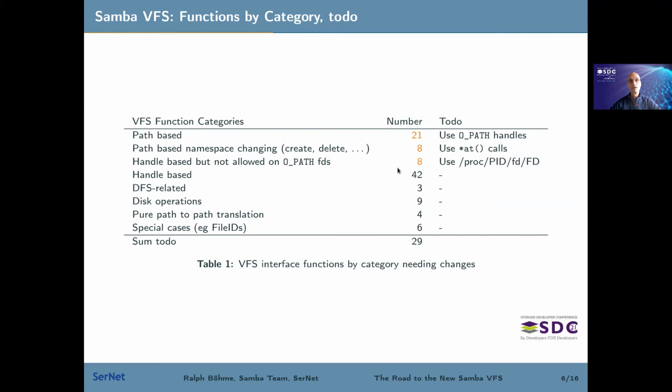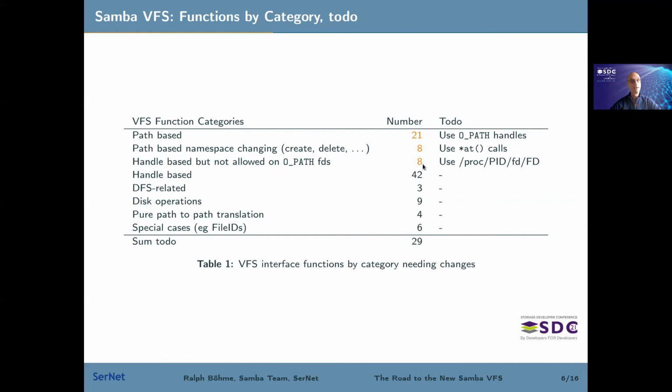It turns out that there are different technical solutions for converting those path-based functions to handle-based ones. In total, there are 21 different path-based functions, 8 different path-based namespace-changing functions, and 8 handle-based functions not allowed on O_PATH file descriptors, which we'll come back to later on.